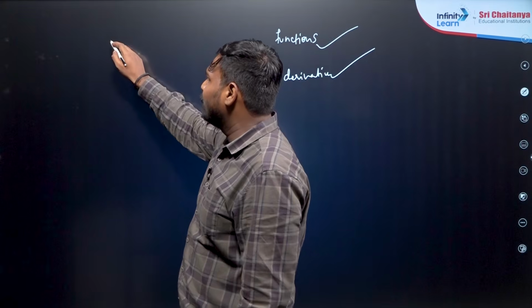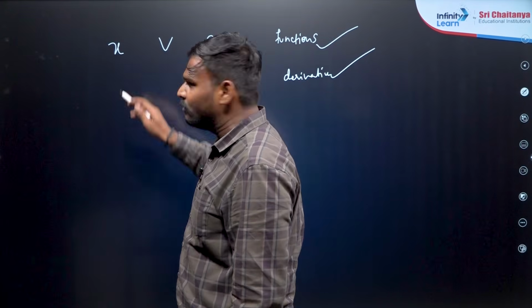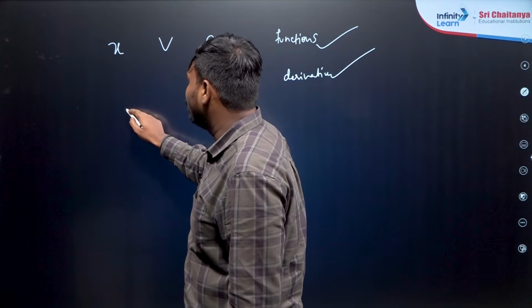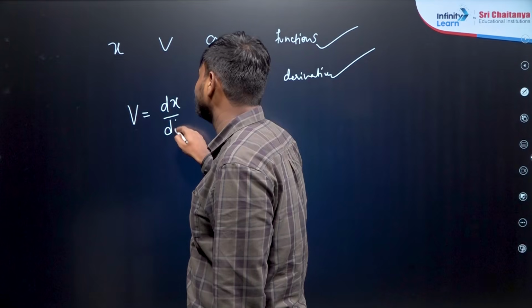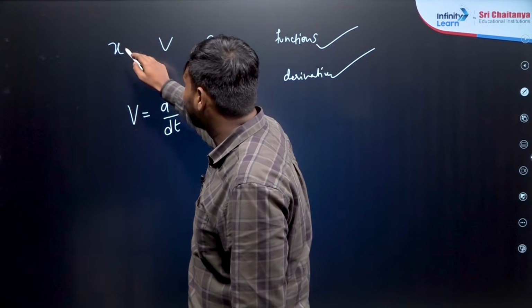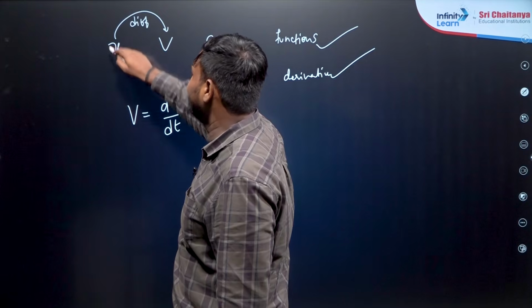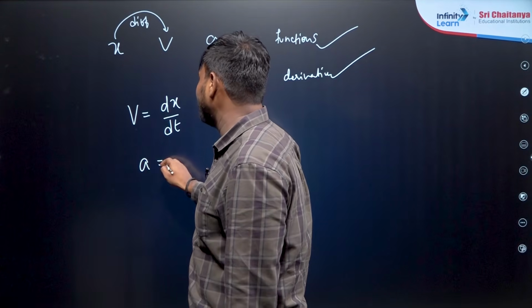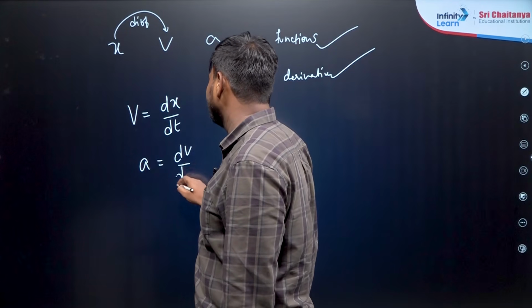So we will say displacement, velocity, acceleration, the physical quantities that we learn, and how these are related. The velocity is nothing but the rate of change of position. If we have displacement and we differentiate, we will get velocity. Similarly, acceleration, the rate of change of velocity, is called acceleration.